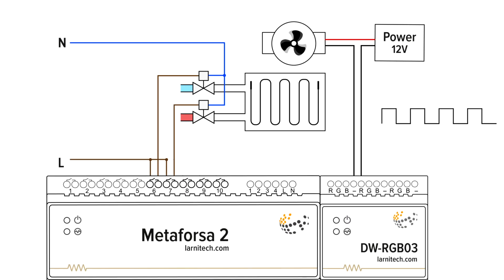There are also fan coils with motors operating on 12 or 24 volts DC. PWM outputs, for example, from the DW-RGB module, can be used to control such motors. Some fan coils may have a built-in controller that is operated by 0 to 10 volt voltage or another method.